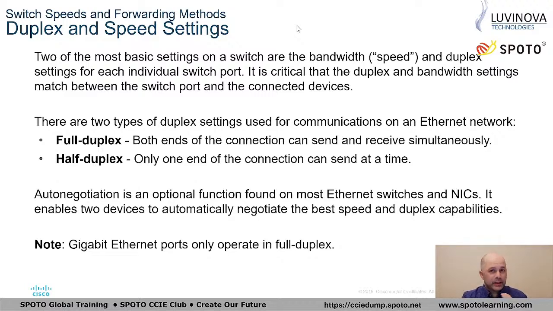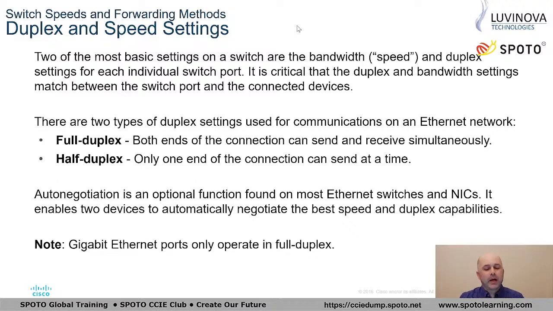So it cannot be simultaneous transmission, sending and receiving. Full duplex, on the other hand, is the opposite. These are two of the most basic settings, and this applies to every network card and every network port. We have ports on the switches, ports on the routers, and network ports on our computers, which are network interface cards, right?